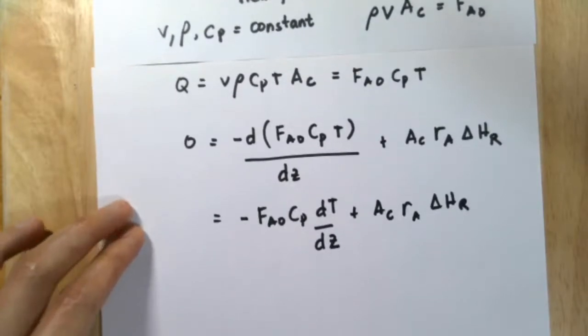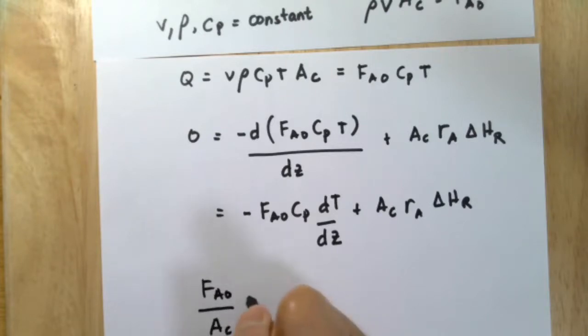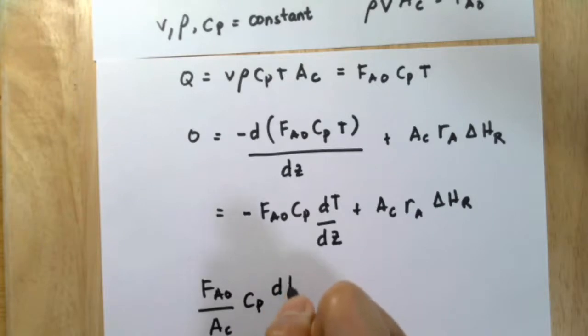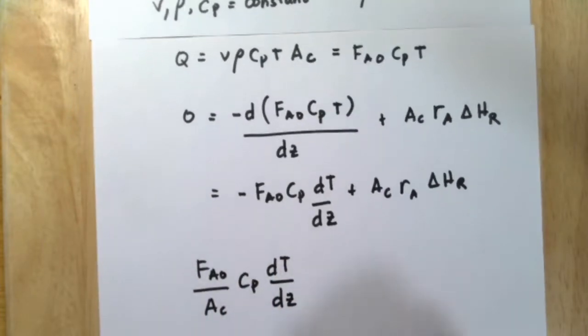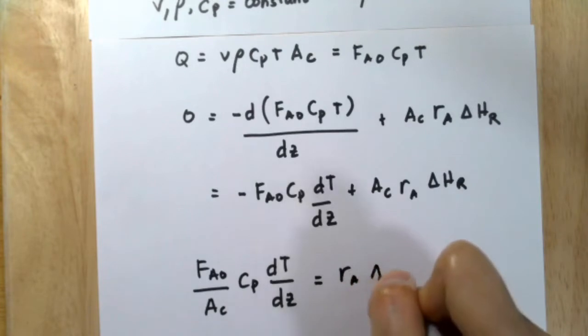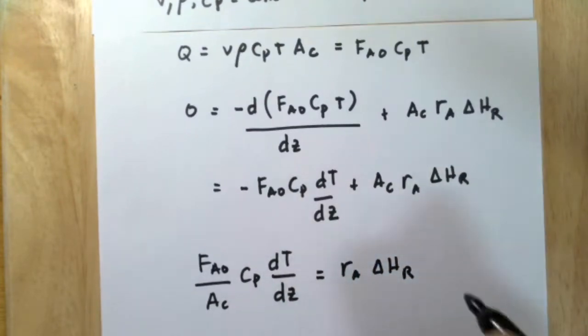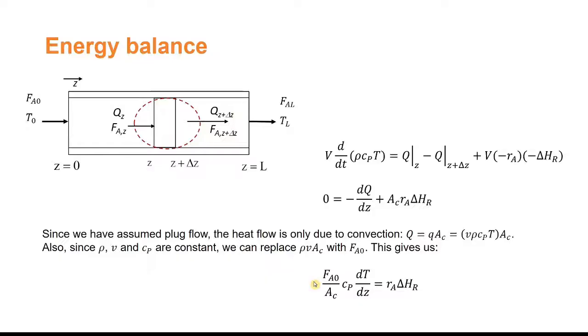And then I can rearrange: FA0 over AC times Cp dT/dz is equal to, I only have RA delta HR on this side. This is our energy balance.